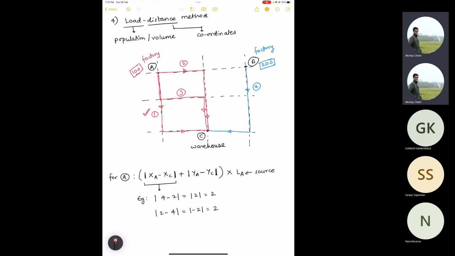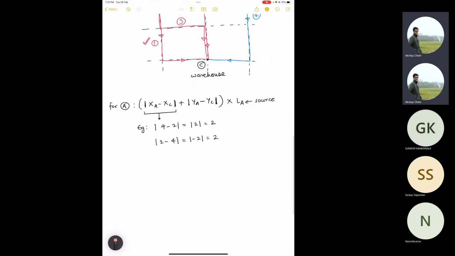So here the objective is to minimize the movement of your load, and that is possible if you move a lesser load or you move a lesser distance or a combination of both. So basically we are doing that only by taking the product. We are finding a combination where your load is moved in lesser capacity at lesser distance. So that is it. And this next method is a slightly complicated version of this, I think.